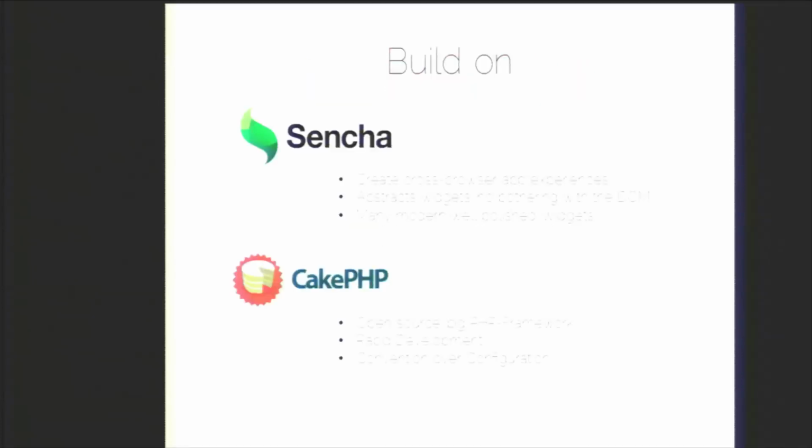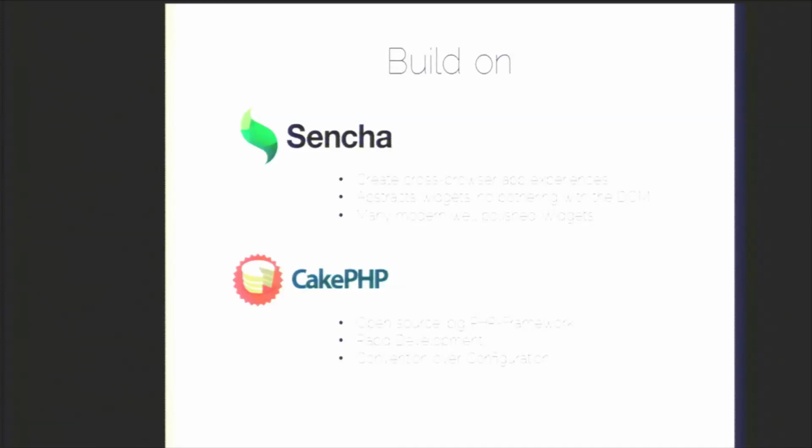So after the project, we decided we wanted to build Bancha, which solves this. We try to make application development easy, where you write Sencha code and you write CakePHP code, but you don't have to worry about all this mess in the middle. So we are built on the CakePHP framework, and we are built on the Sencha framework.